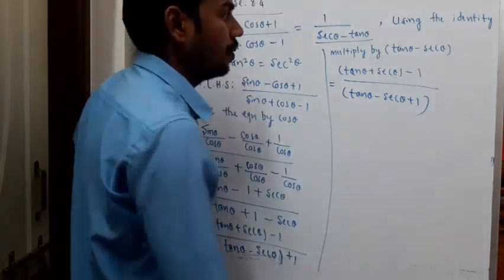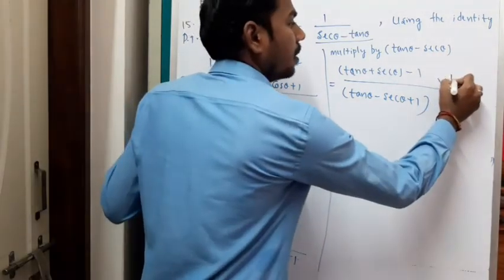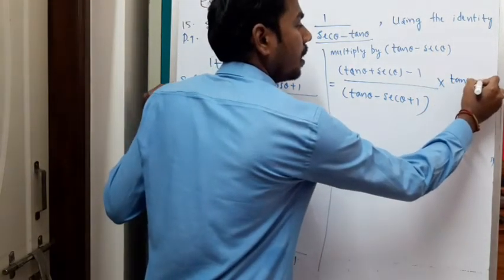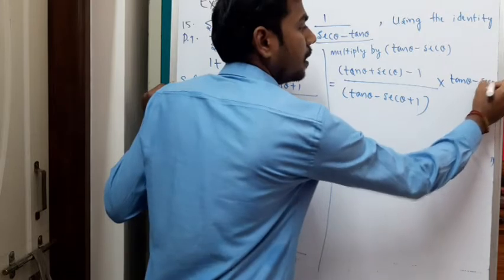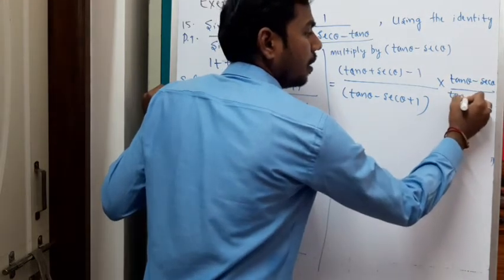Now we need to multiply with tan theta minus secant theta divided by tan theta minus secant theta.